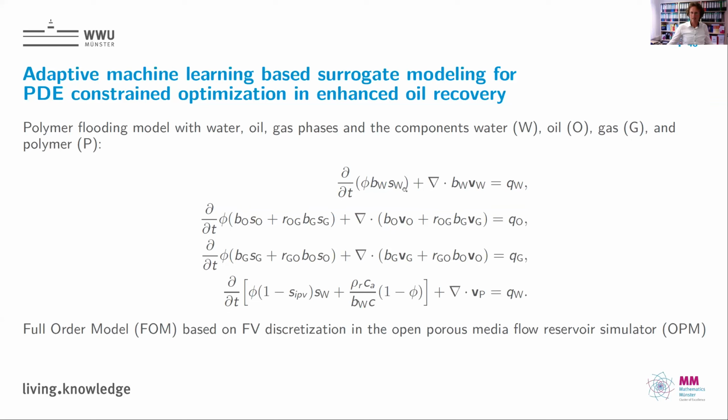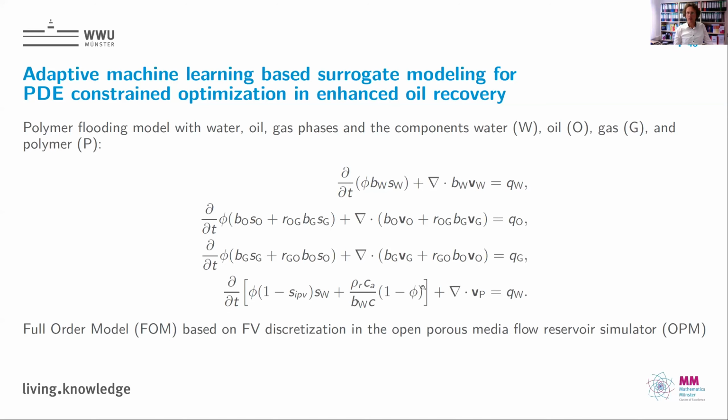And you see that this is a really nasty parabolic degenerate problem with strong nonlinearities, as you know, from multi-phase flow in porous media. And therefore, we decided in this case not to go for a reduced order model that needs to project this really nasty nonlinear coupled system into a reduced model with all the techniques of empirical interpolation.